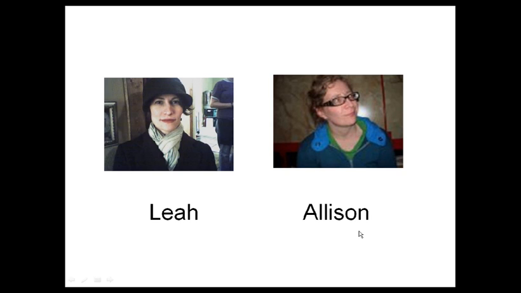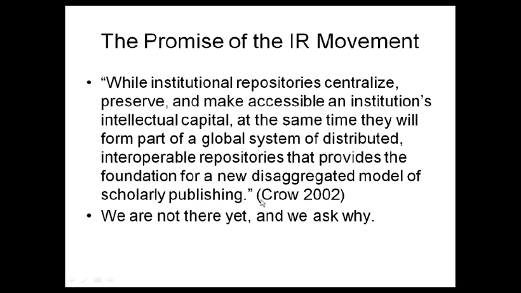And so in terms of where we start from, let's go right back to a foundational document most of us who work in institutional repositories are familiar with, which is Raym Crow's visionary document outlining what we hoped and dreamed to achieve with institutional repositories as a global movement, really.